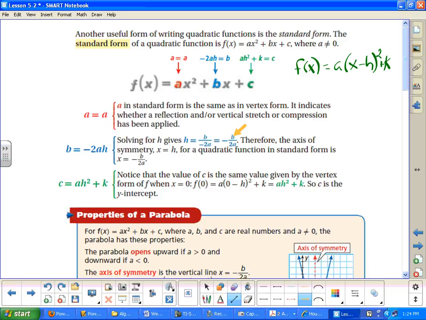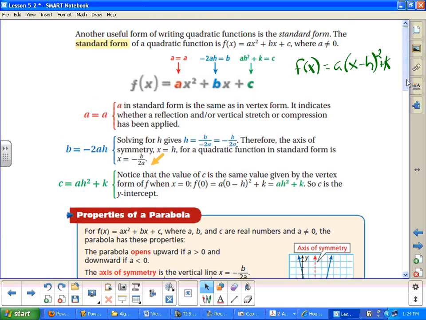So therefore the axis of symmetry, which was x equals h, we can refer to as negative b over 2a. So we'll use x equals h if it's in vertex form, and we'll do the calculation negative b over 2a if it's in standard form.